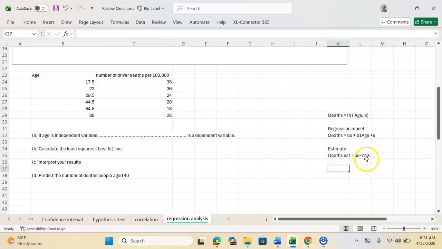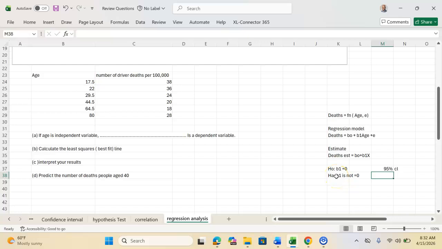We need to hypothesize about b1, the slope. The null hypothesis states that the slope is 0, no slope, at a 95% confidence level. The alternative hypothesis, HA, says the slope is not equal to 0.